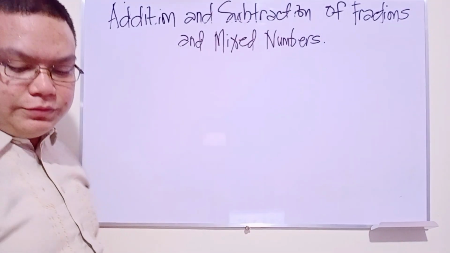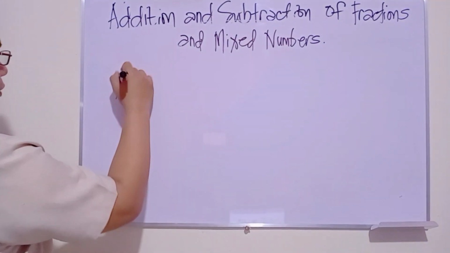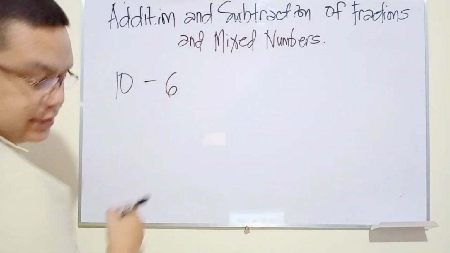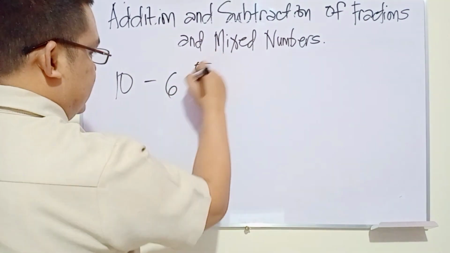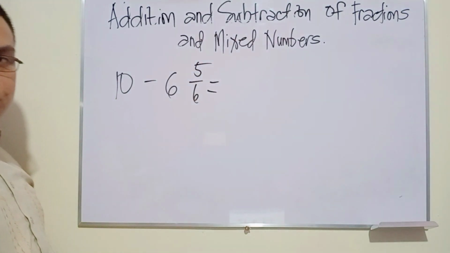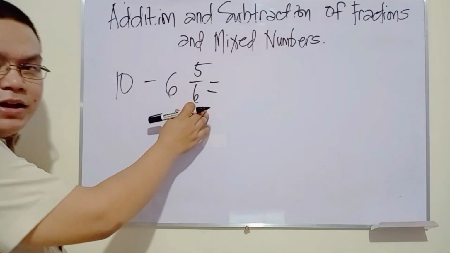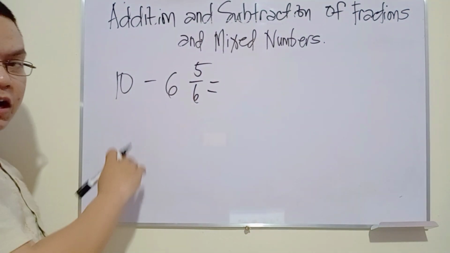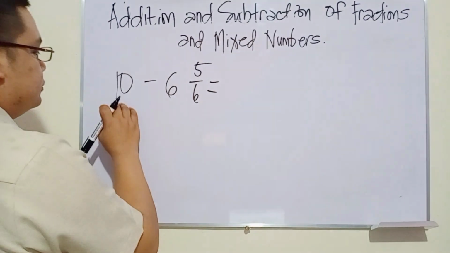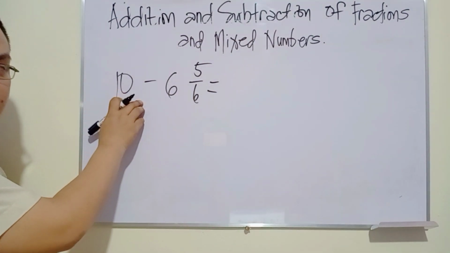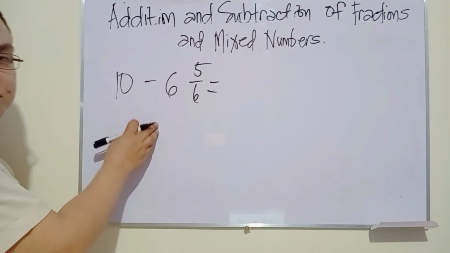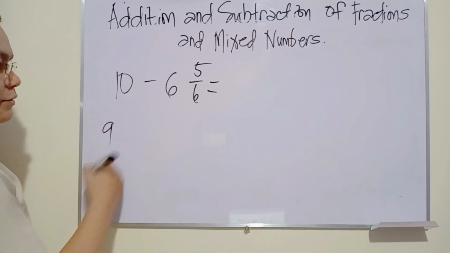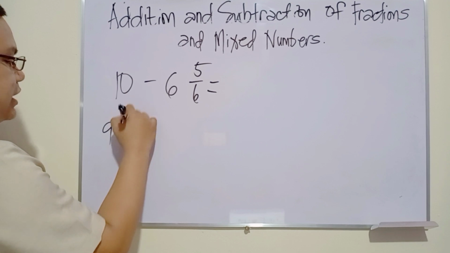Another example. So we have 10 as a whole number subtracted to 6 and 5 over 6. So ito ay whole number at ito naman ay mixed number. So kapag na-encounter tayo ng mga ganitong tanong, we just rename the whole number into a mixed number. So yung 10 ay magiging 9 and 6 over 6.